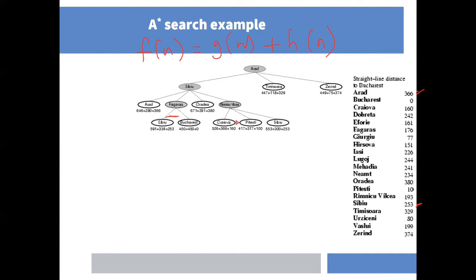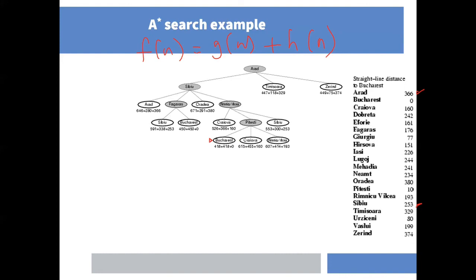Therefore, Fagaras is expanded, and then we'll notice that we have the values here, the fringe are Arad, Sibiu, Bucharest, and the lowest is Pitesti. Therefore, we choose Pitesti there.